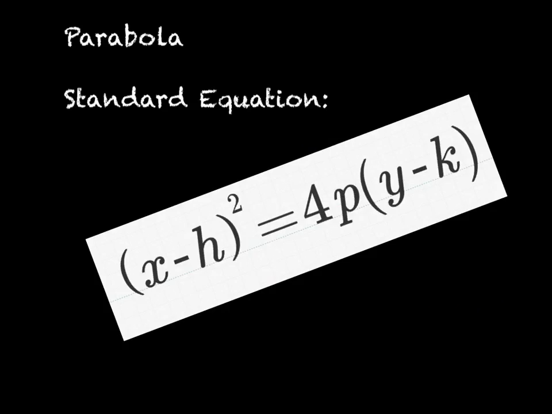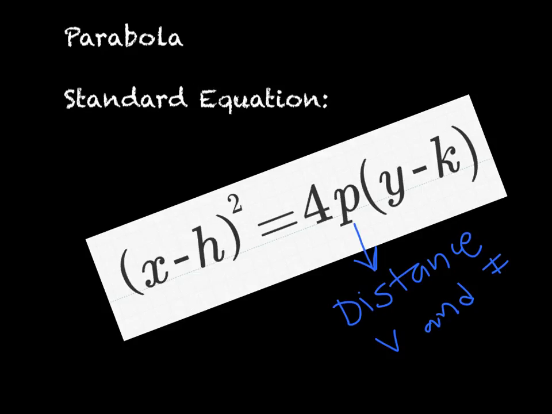According to that, we have a standard equation of the parabola, which is (x minus h) squared equals 4p times (y minus k). The only new thing in this equation that you didn't know is the p-value. p is the distance between vertex and focus, which is the same as the distance between vertex and directrix.